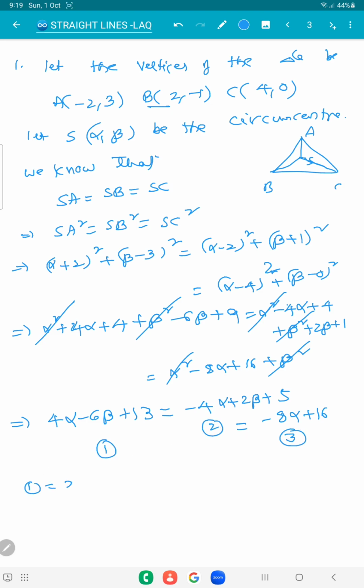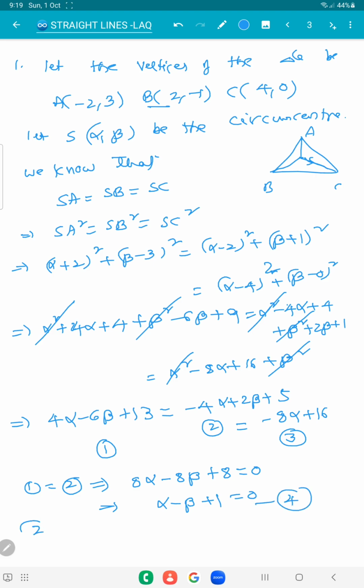Now let these equations be 1, 2, 3. Let us equate 1 and 2. Bringing alpha and everything to one side: 4 alpha plus 4 alpha, 8 alpha, minus 8 beta, 13 minus 5, so this gives alpha minus beta plus 1 equals 0. Let it be the fourth equation.